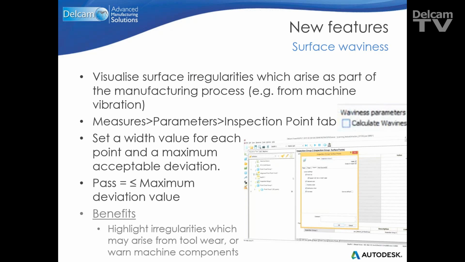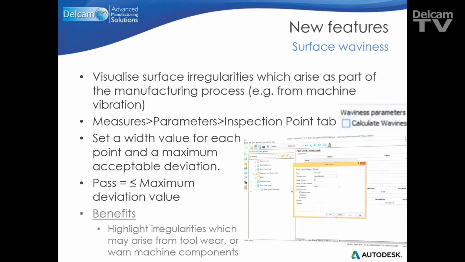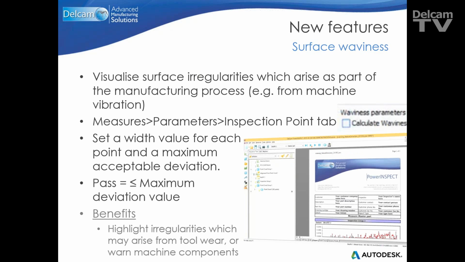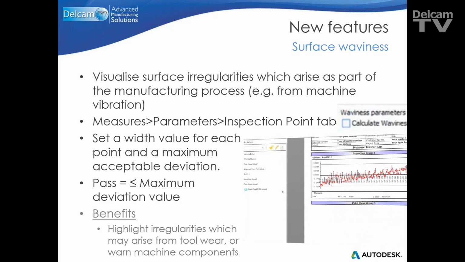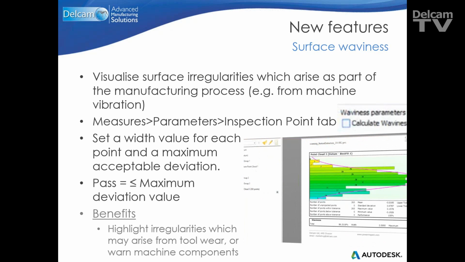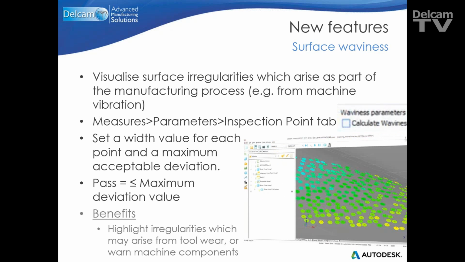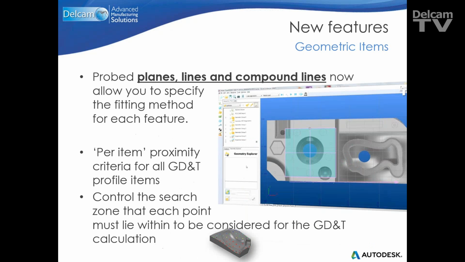What you need to do in PowerINSPECT is to set that width value, the area around which you want to search, and for each point you specify what the acceptable deviation is. Now, if the deviation is less than or equal to that maximum deviation that you specified in the inspection tab, bullet point 2, then the part will pass.